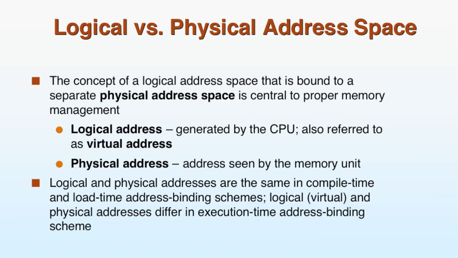And the MMU creates the consistent view of that memory. That's all physical address space. So the concept of the logical address space that is bound to a separate physical address space is central to proper memory management. Logical addresses are generated by the CPU, also referred to as virtual, because logical addresses don't really exist.